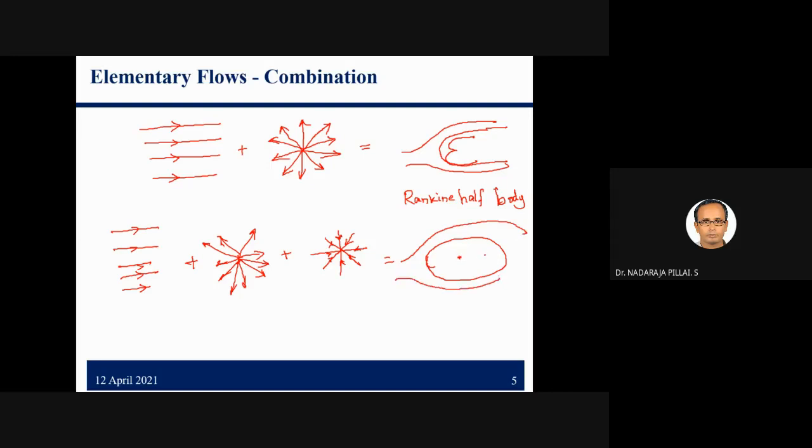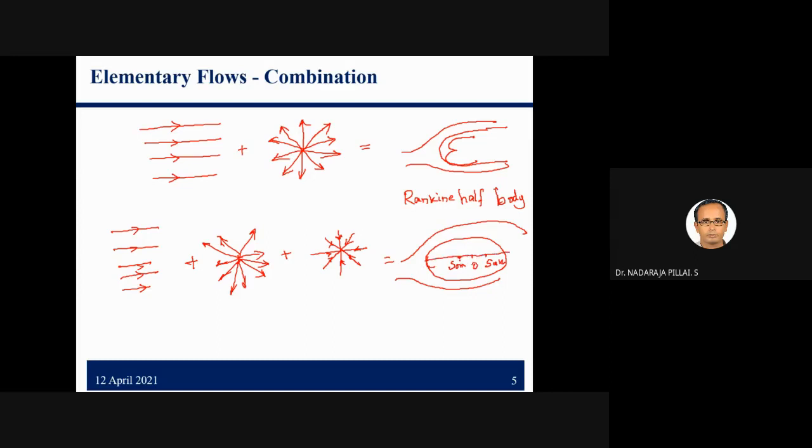You have a source flow and a sink flow kept at some distance, and here you have an origin O.